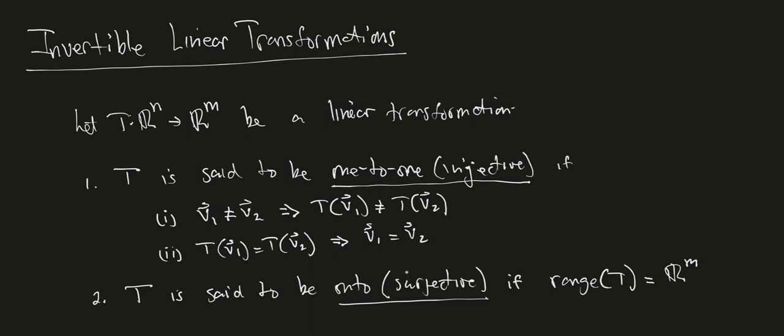surjective. Now, based on previous work, we know when this is going to be the case. We know actually how to identify if a transformation is onto. It has to do with the number of pivots in the reduced row echelon form of the standard matrix of the transformation.